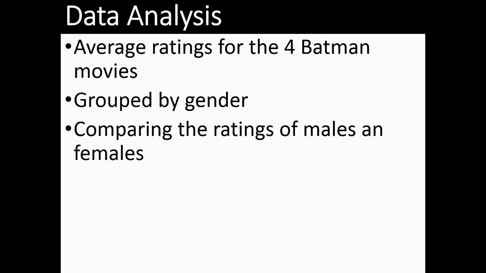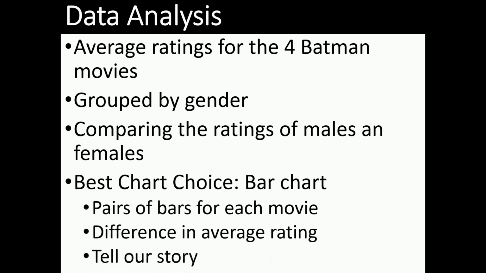And since I'm going to be doing a comparison like this, my best choice for a chart is going to be a bar chart. I can have pairs of bars for each movie that will show the difference in average rating between the two genders. And then I can tell the story based on that. So I'm always going to think about what I want to know and what chart I want to use to show that off.